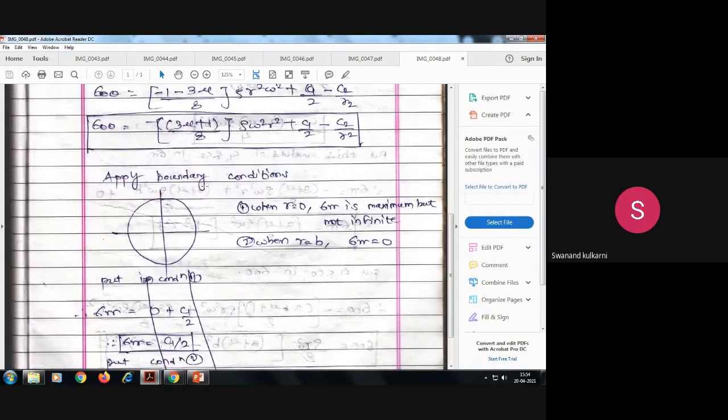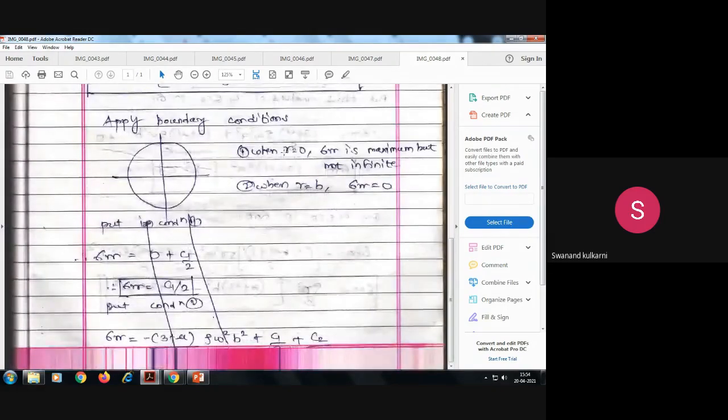Now let us apply the boundary conditions here. The boundary conditions say that when r is equal to 0, meaning it's the center, sigma rr is maximum. So the stress in the radial direction will be maximum at the center.